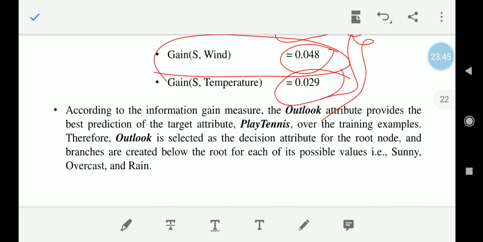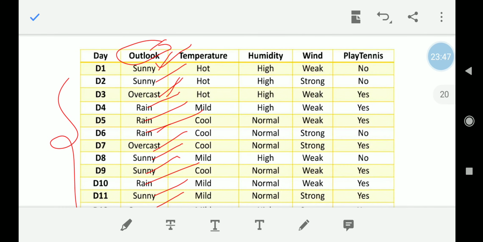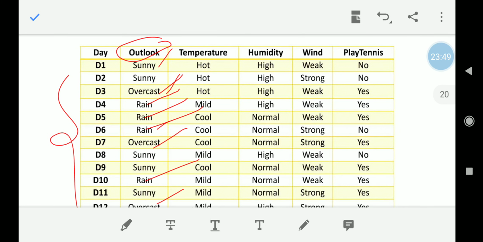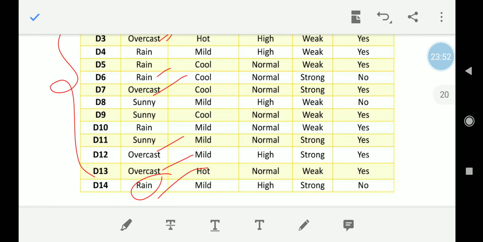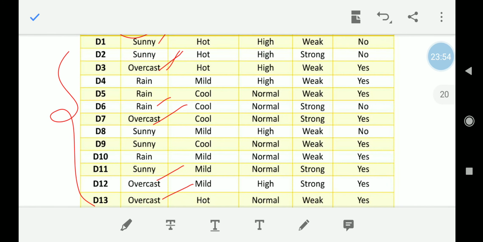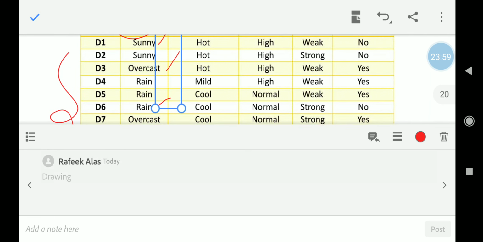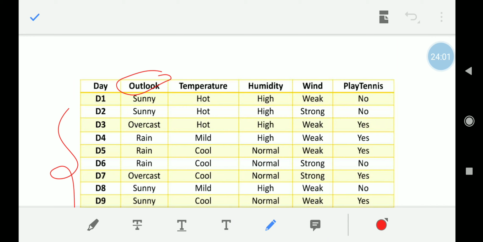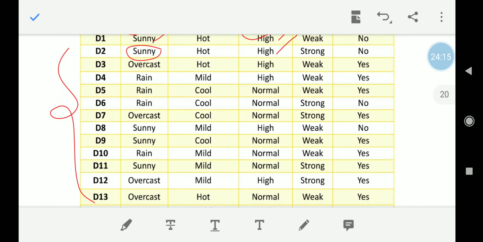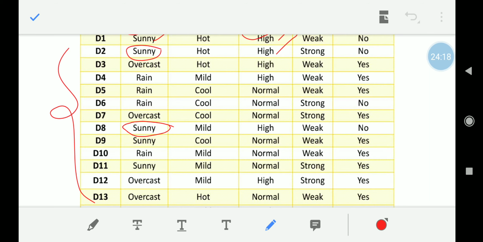Now we will go to that table, you will understand better. See here, when outlook is sunny, now you are taking, let us say, humidity. When outlook is sunny, we have 1 high, 2 high, 3 high.